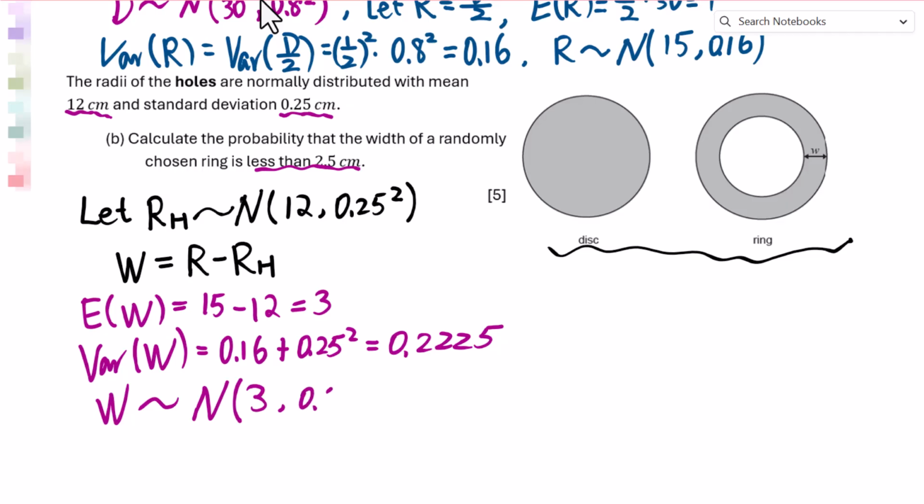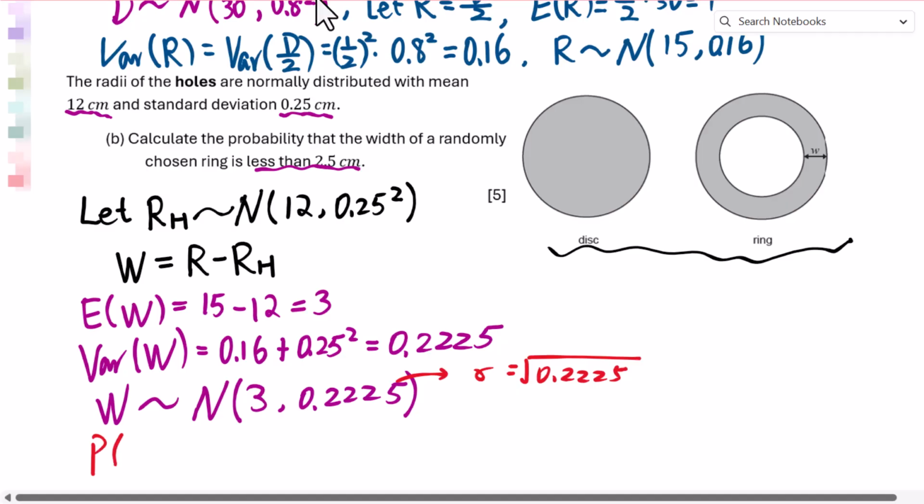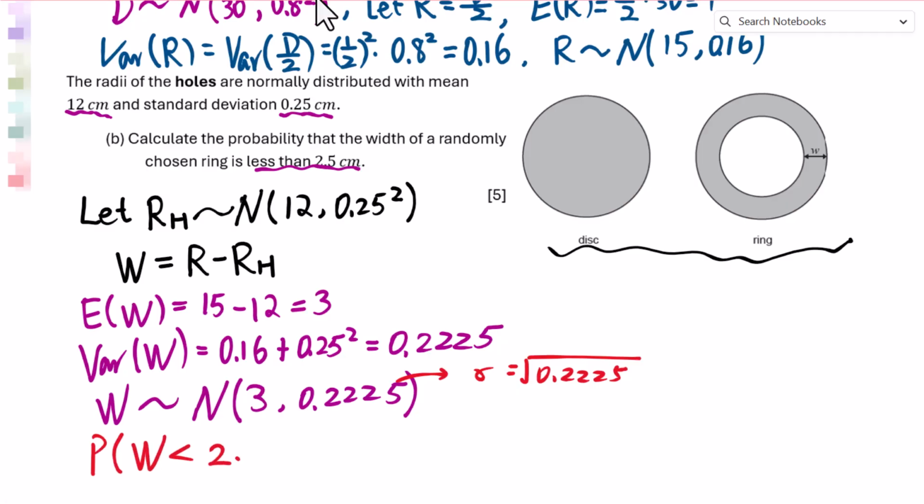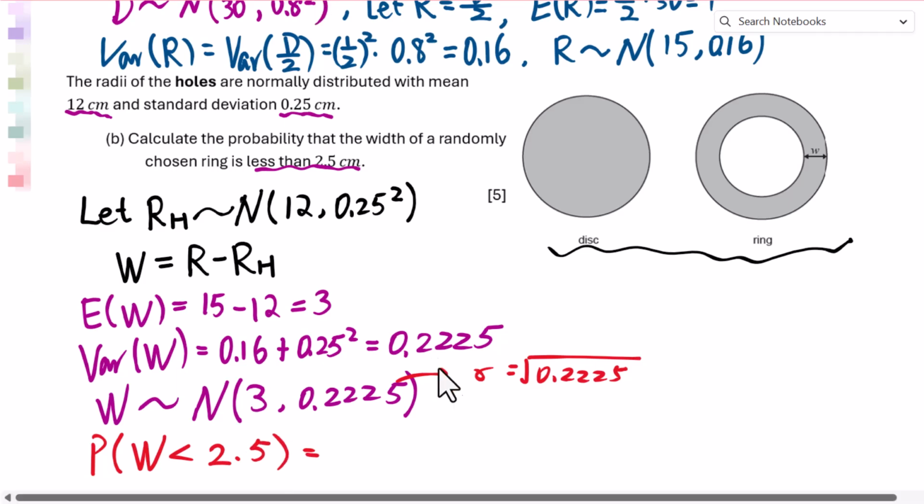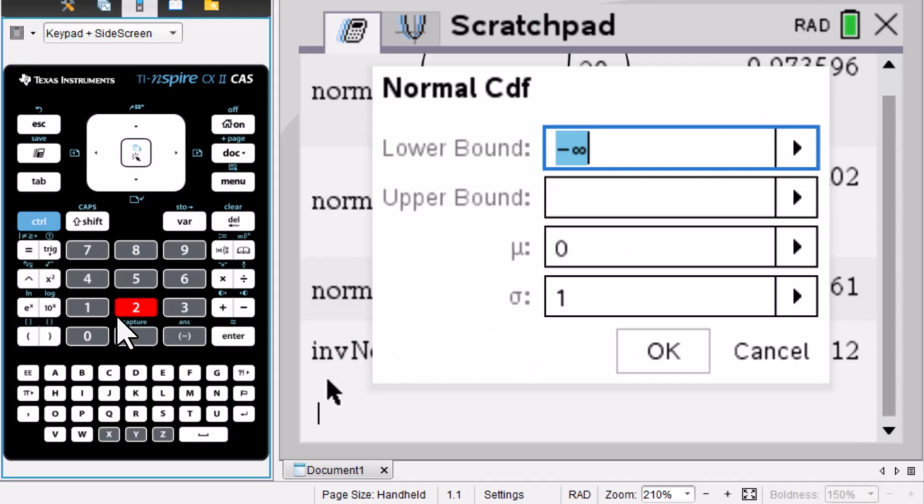So W follows a normal distribution with the mean 3, variance 0.2225. In other words, sigma equals the square root of 0.2225. We are looking for the probability of W less than 2.5. Let's go to normal CDF. Lower bound is negative infinity.